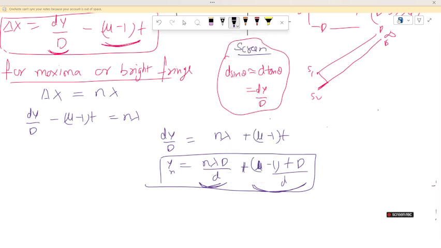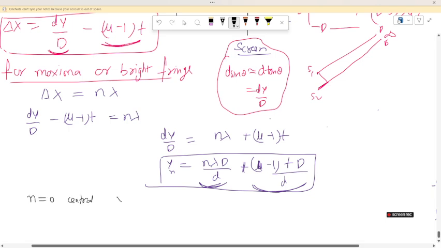Okay, now we have to find the central maxima. So n equal to 0, we can put for the central maximum. We will get y equal to (mu minus 1) t D by d. For the first maxima, y equals lambda D by d plus (mu minus 1) t D by d.